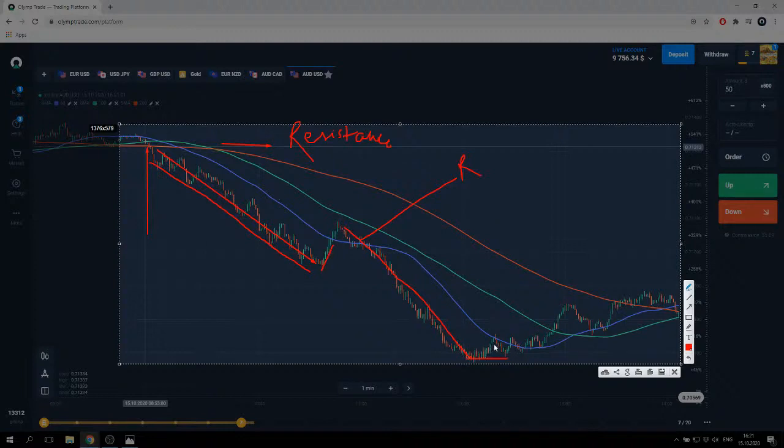Here price absolutely breached SMA 50, and generally SMA 100, and now price has taken SMA 50 and 100 as a typical support level from here to here. So price rallied upwards, right?